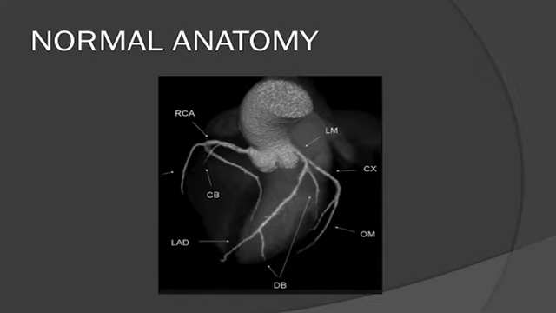This here is called the left main, which is coming off the aorta, which branches into the left anterior descending and circumflex. So these three, the RCA, the LAD, and the LCX, are essentially the main feeding arteries, or main coronary arteries, which are supplying the heart. Just to give you an overview of the normal anatomy.